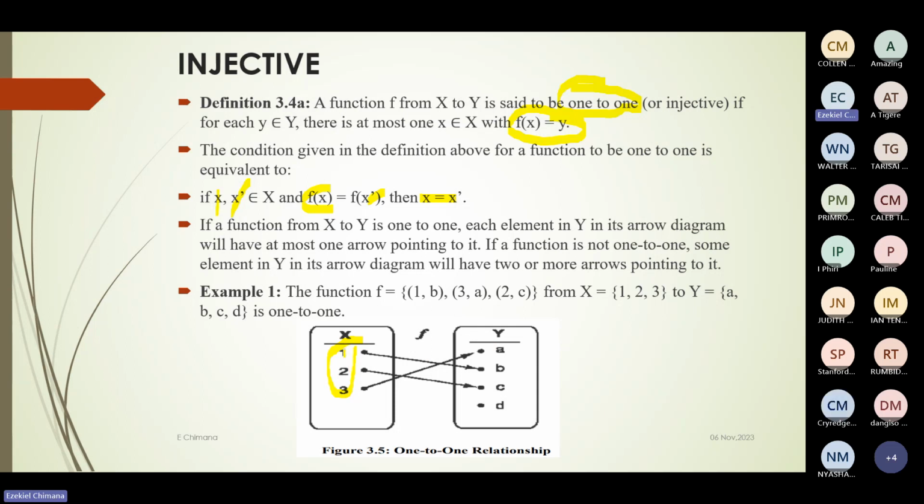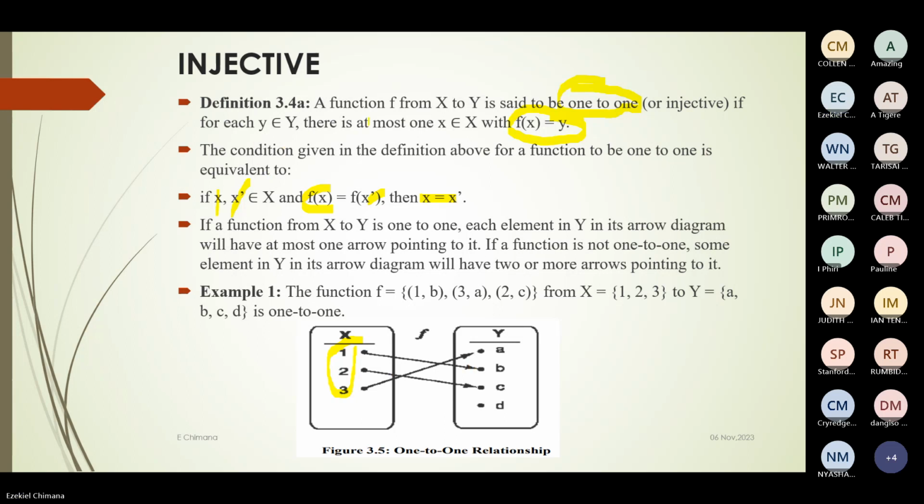Why? Because all these elements in the domain are mapping to at most one of these, right? At most one of these.